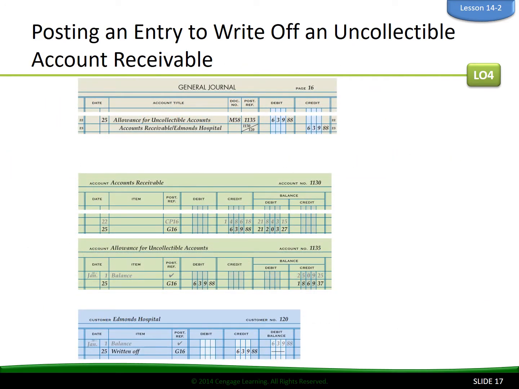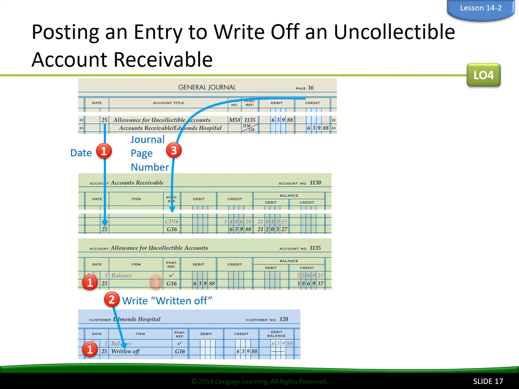Okay, posting an entry to write off an uncollectible account receivable. So, date written off. The journal page number will all be the same. Okay. G for general journal, page 16. Debit or credit amounts.